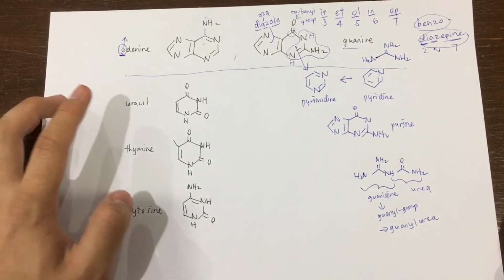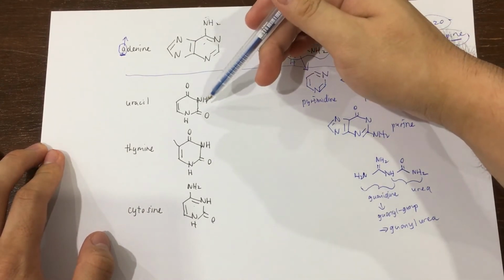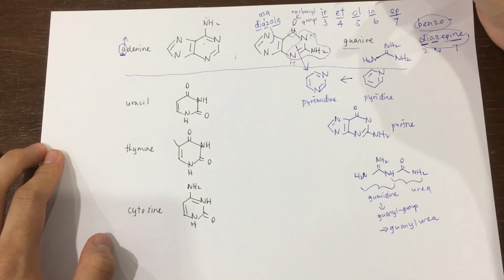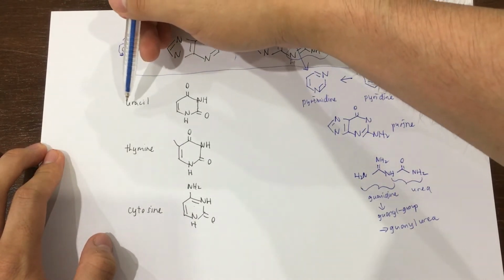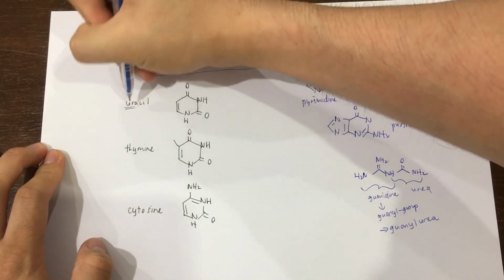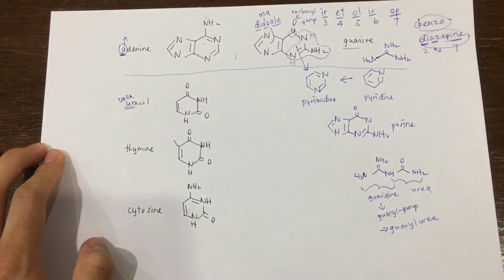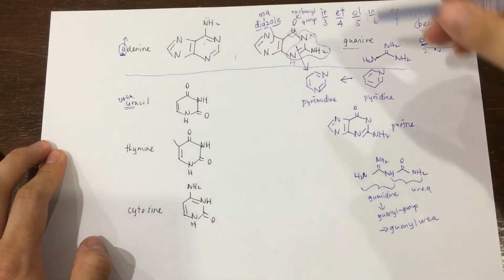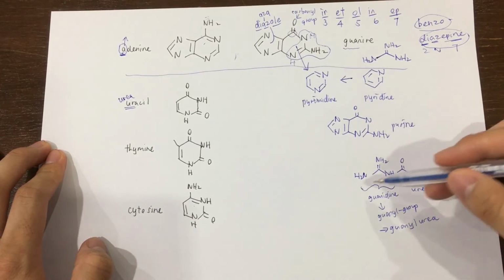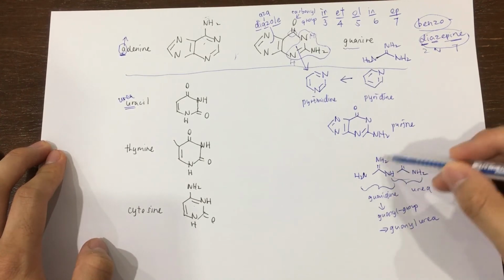Now let's look at the pyrimidine structures here. Okay, it is relatively simple and there are relatively fewer things to talk about. So first let's look at the uracil. Ura. Does it remind you of something? Urea. Okay, so if you look back at this structure right here, this is a guanyl urea, guanidine urea.